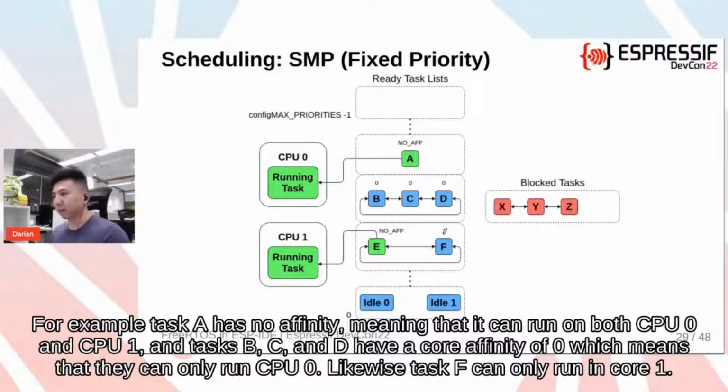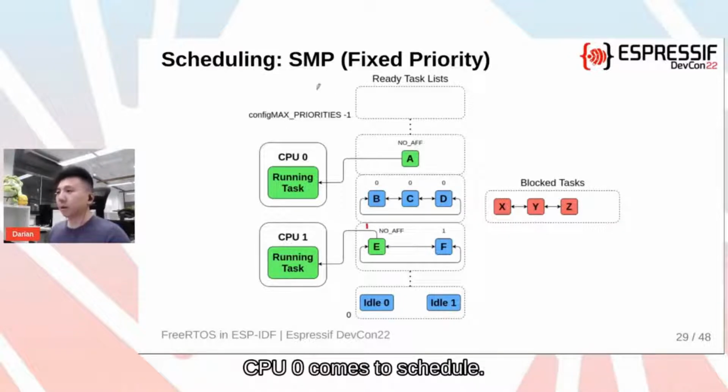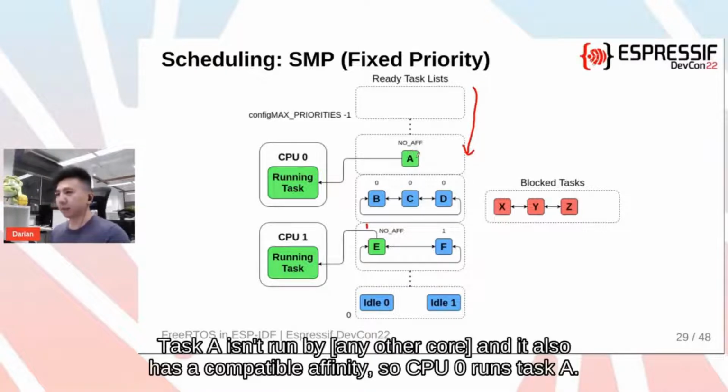Likewise, task F can only run on core 1. Let's say that CPU 0 and CPU 1 haven't scheduled anything yet. Let's say CPU 0 comes to schedule, it goes from the top of the list and finds task A is the highest priority task. Task A isn't run by anyone else, and it also has compatible affinity. So CPU 0 runs task A.